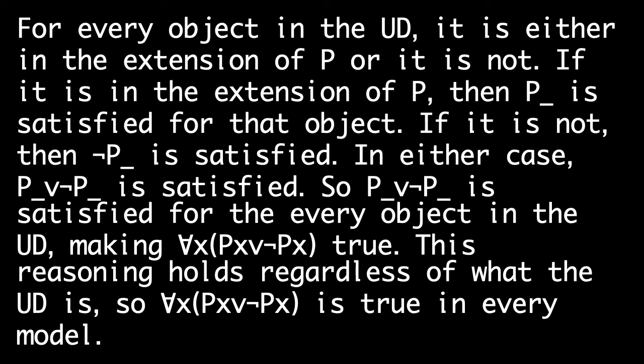So P blank or not P blank is satisfied for every object in the universe of discourse. It's getting a value of 1 for everything, regardless of what it is. And that makes, for all x, Px or not Px true. This reasoning holds regardless of what the universe of discourse is. So for all x, Px or not Px is true in every model. And that's just what it means to be a tautology.